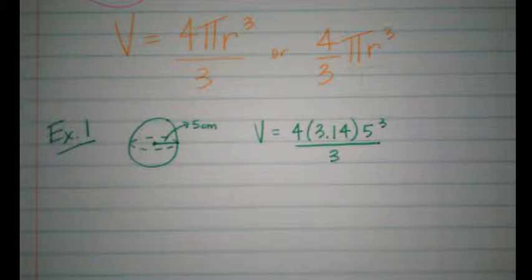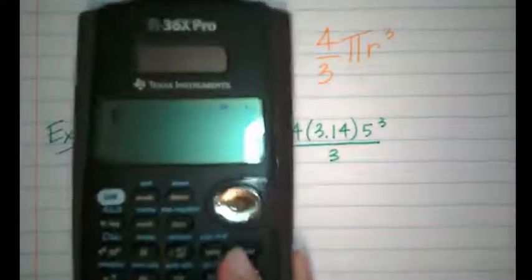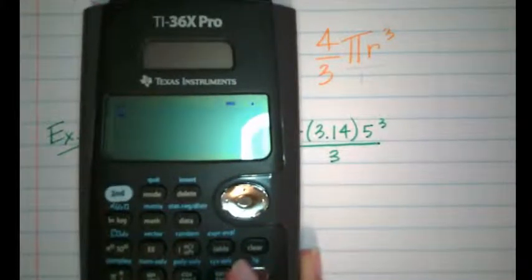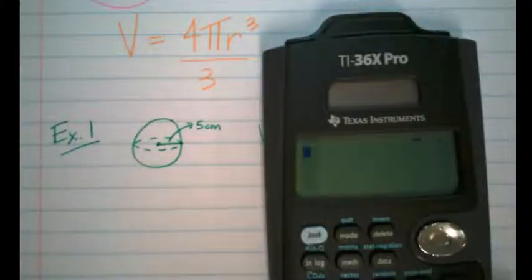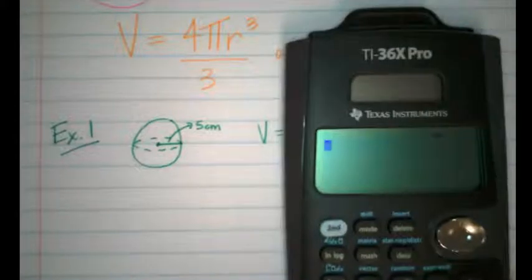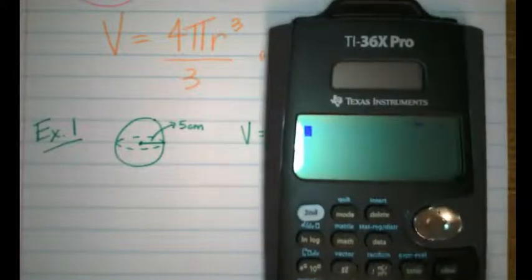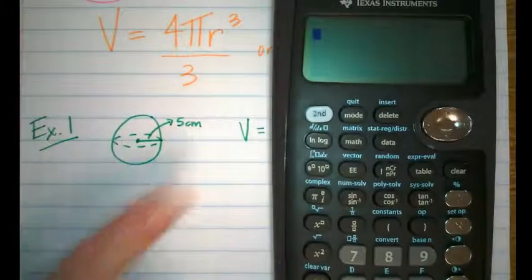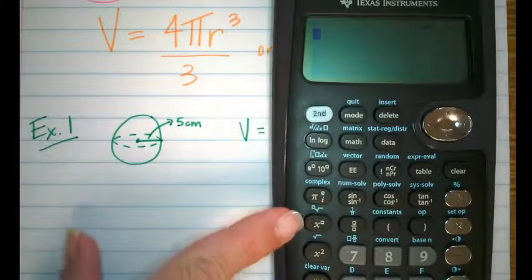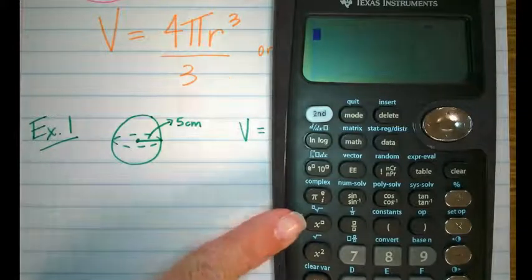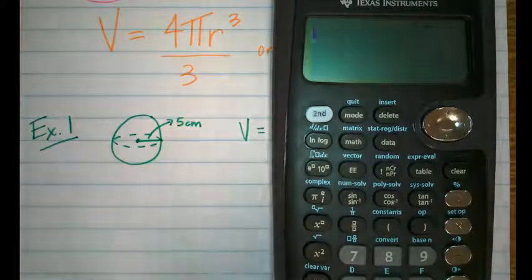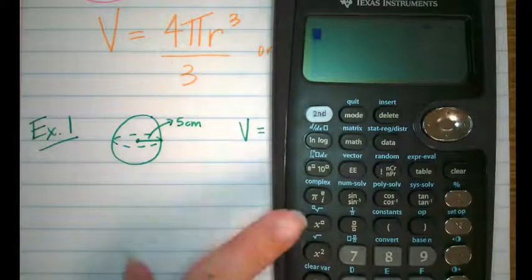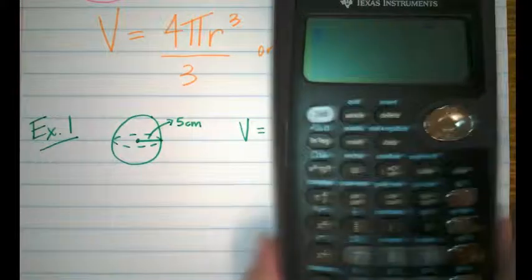So if you grab your calculator, we mentioned the other day, let's see if I turn this off. Can you see it? Maybe not so well. Well, we'll try and do it this way. But I mentioned the other day, when you are using this calculator, the exponent button is located right here. So since we want to do cubes when we're doing volume of a sphere, then we're going to be needing this button right here.